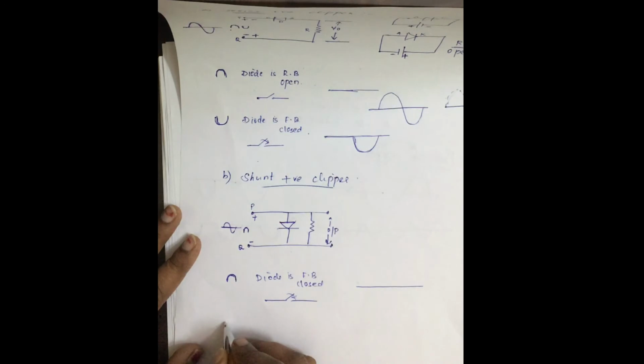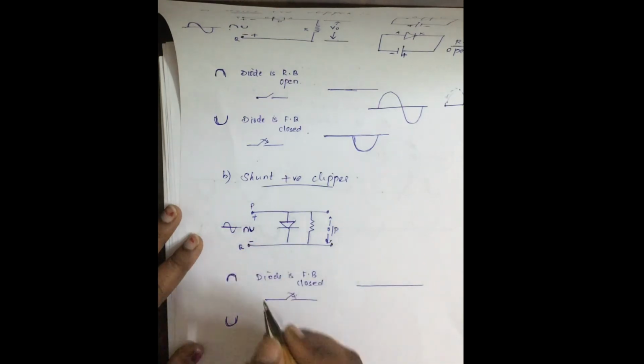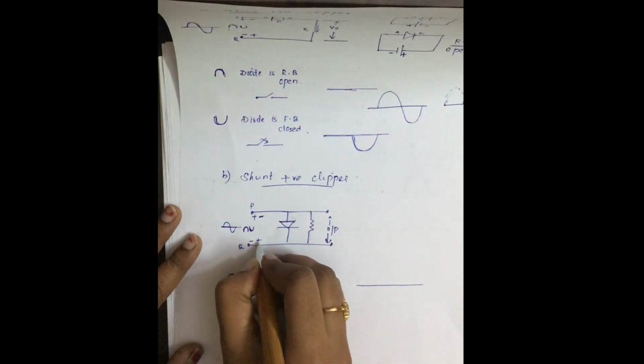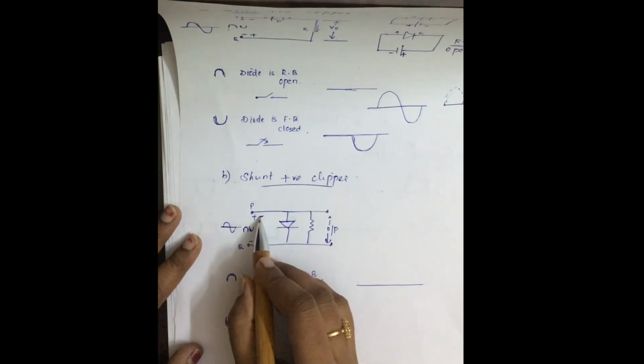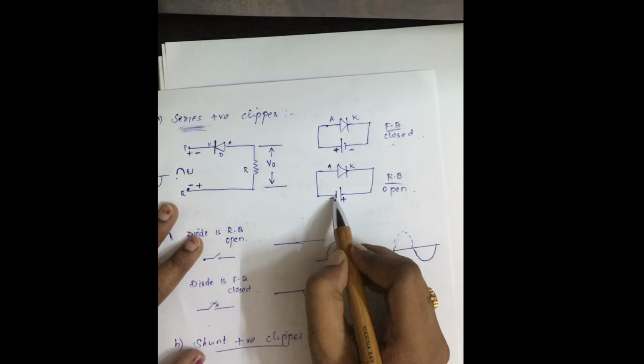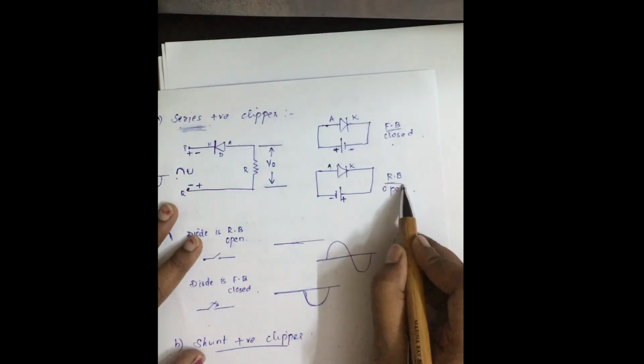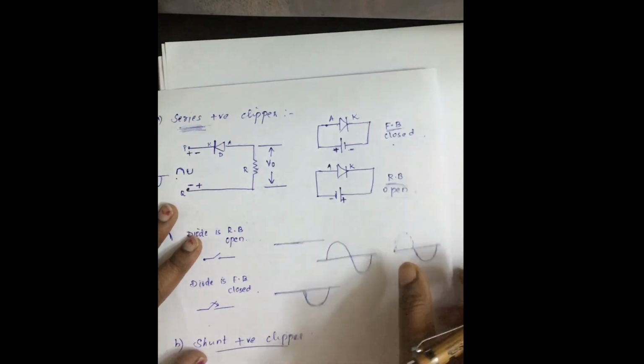Next, when you apply a negative half cycle, P is negative, Q is positive, so you are applying a negative voltage to the anode. So now the diode is in reverse bias and it acts as an open switch.